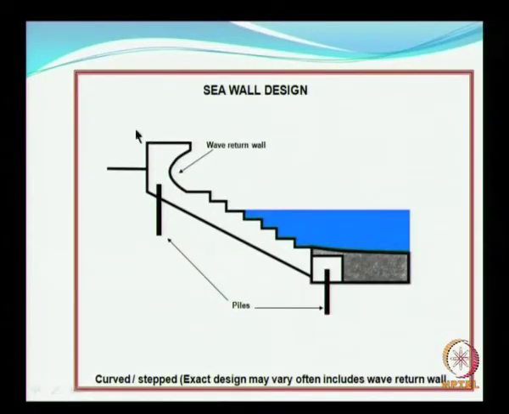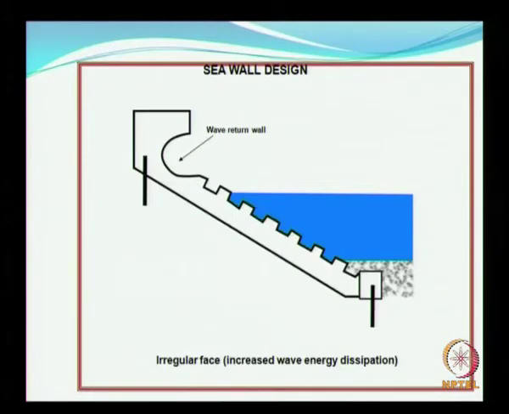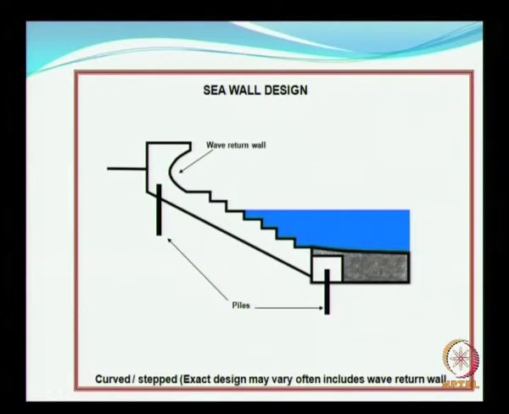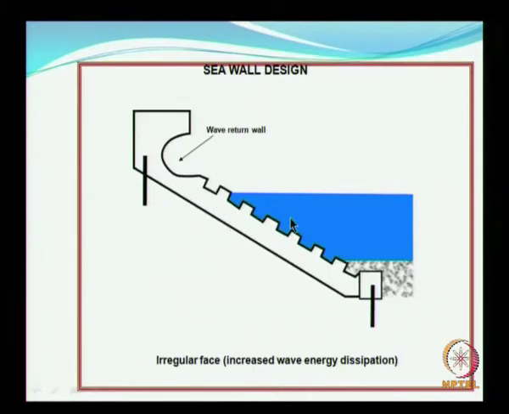We have done a similar thing, a wave return wall as shown here, without the crown wall etc. This has to be provided with a strong toe anyway. All this is yet another type of curved step concept, and there is not much of a difference, except that instead of having these steps, people have thought of providing a dented or serrated wall.